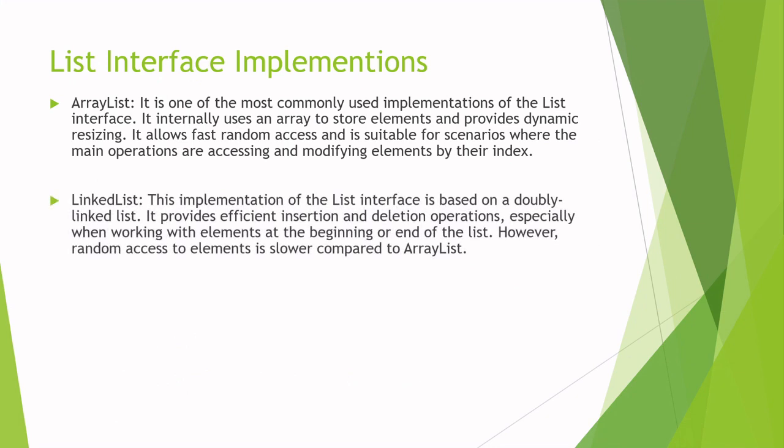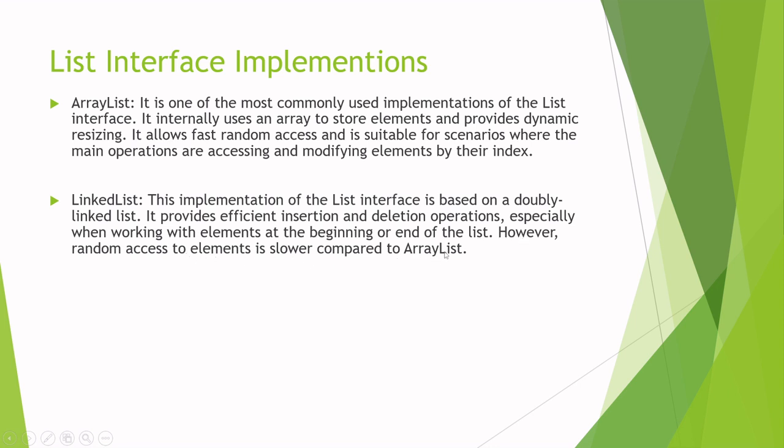This implementation of the list interface is based on a doubly linked list, and it provides efficient insertion and deletion operations, especially when working with the elements at the beginning or the end of the list. However, random access to elements is slower compared to ArrayList.